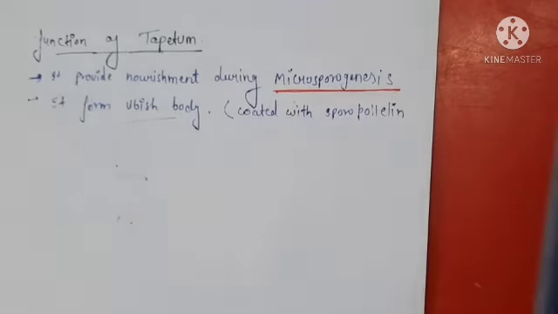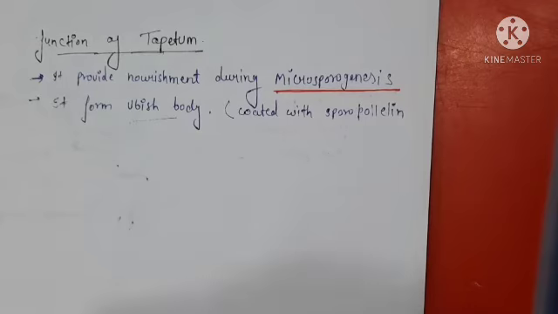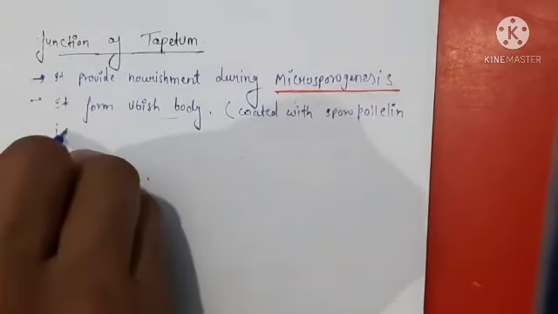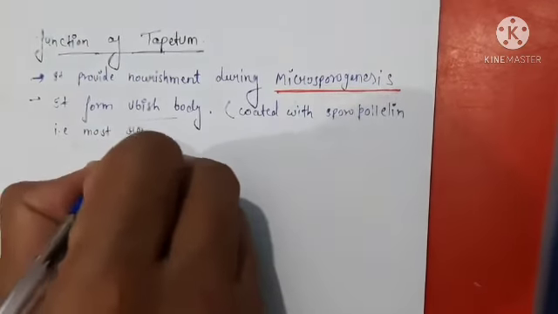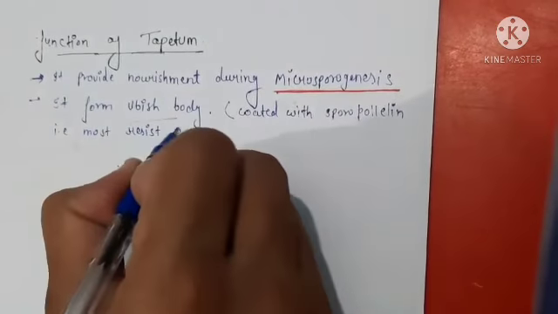Okay, sporopollenin, that is the most resistant organic substance.